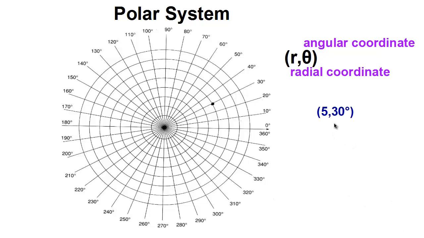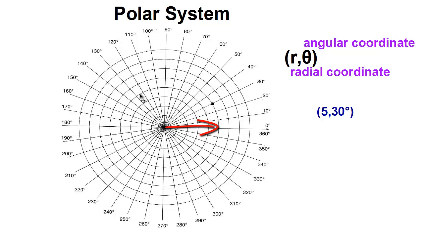So let's take a look at the point 5, 30 degrees. Now you can do the polar coordinates in either radians or degrees, but for our purposes here, I'm going to use degrees. So 5, 30 degrees. The radial coordinate is 5, which means we're going to go out 5 units from this pole or origin. 1, 2, 3, 4, 5 rings out.